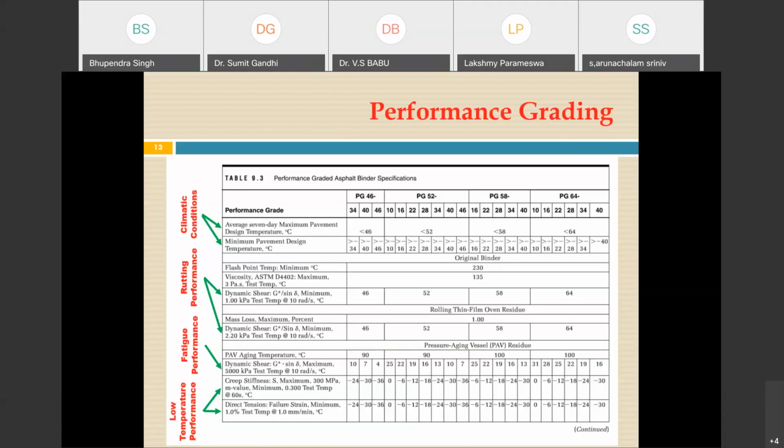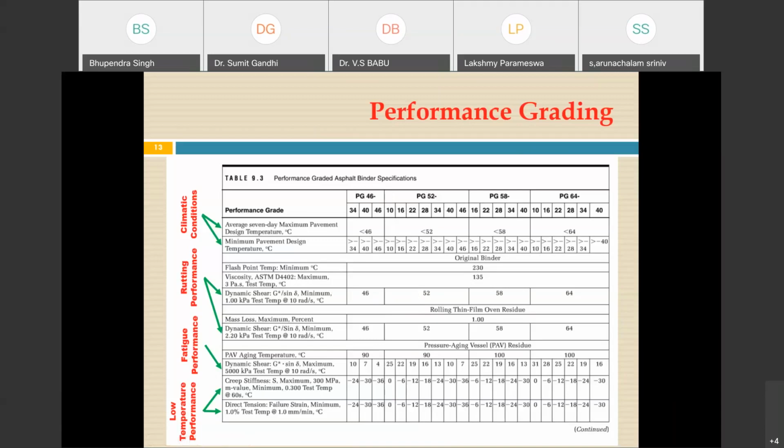We have already fixed these criteria. Now we check at which temperature these criteria can be fulfilled. If we get these criteria at 46 degrees, then it will be PG 46. If this criteria is fulfilled at 52, then it is PG 52, and so on.